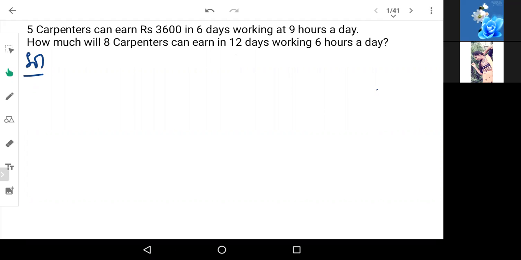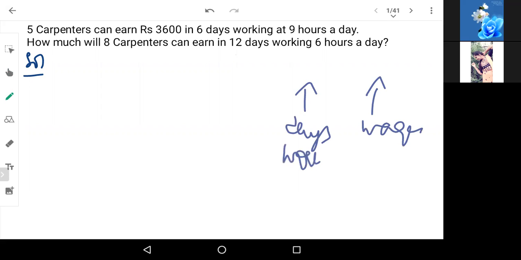Now, if the carpenters increase the number of days, their wages will also increase. If they increase the work, or increase the number of days, time, weeks, all included here. Now, which sort of proportion is this?